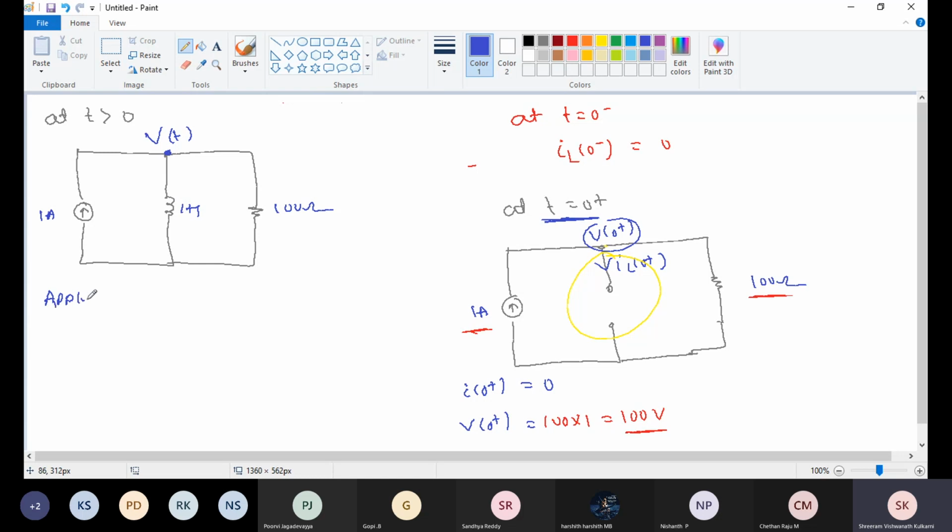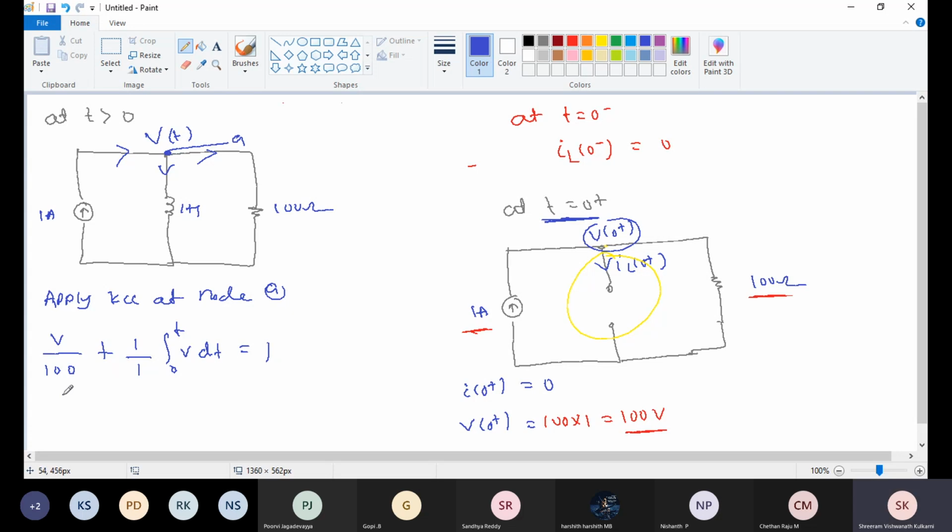Apply KCL at node A. I'll get V divided by 100 plus the current flowing through the inductor, 1 by L integral from 0 to t of V dt, equals 1. I am just applying KCL here.